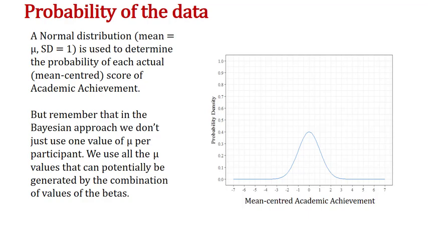So we are not going to use just one beta, we're going to use all the possible betas, and some betas we are saying are more plausible than others, but those betas will give a mu, and then with those mu's we use this distribution to determine how likely it is to obtain the observed score. So it's quite complex. Obviously we are not going to do that. That is not possible to be done, so we are going to approximate that, and actually we don't do the approximation either, we let the software do that for us.